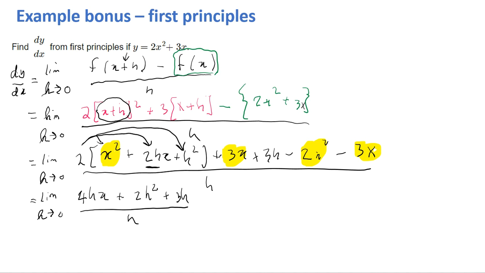What do you see here? What jumps out of the page? Well, all of these terms over here have an h in them. So we can take that out as a common factor.